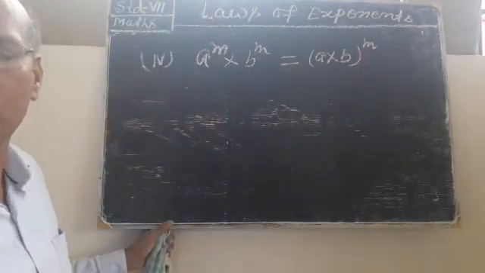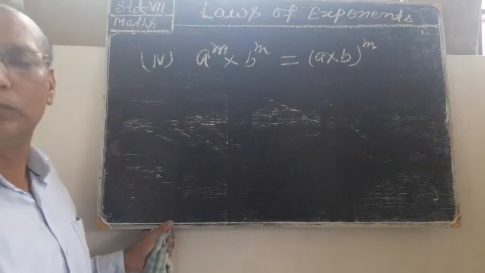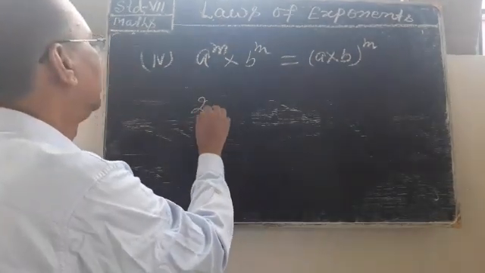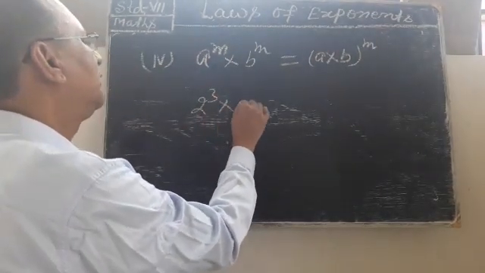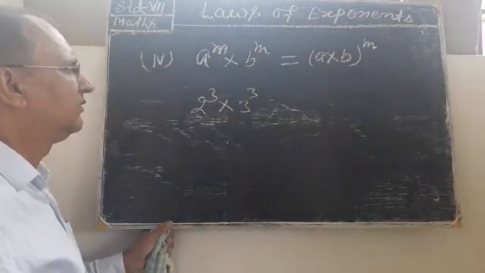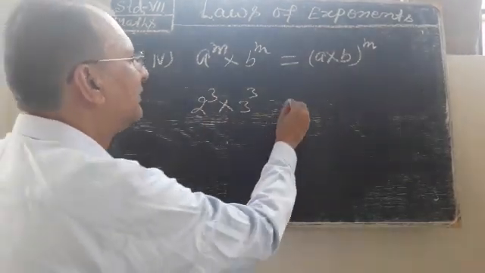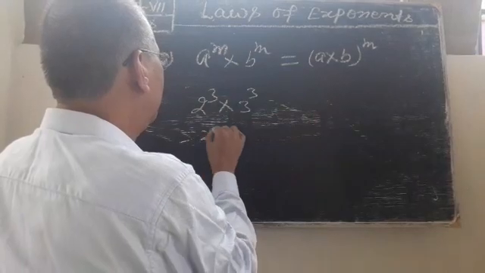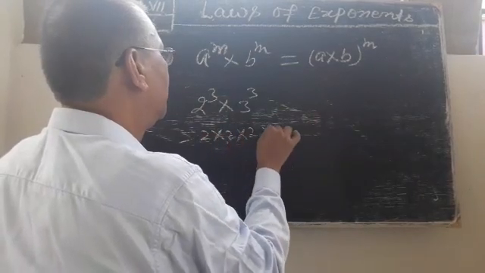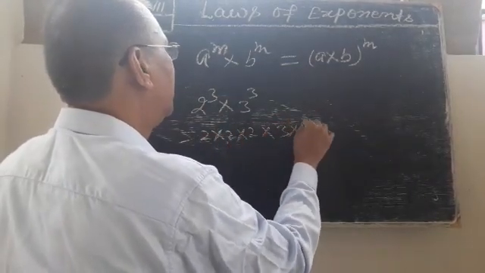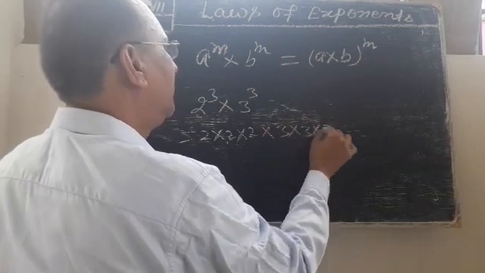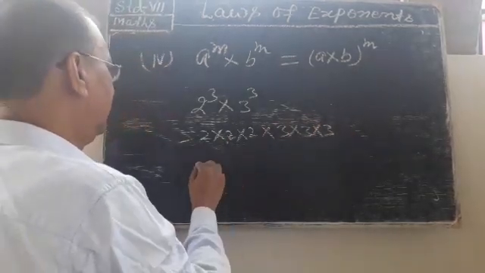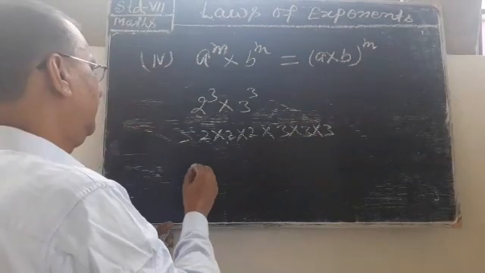You may see 2 power 3 into 3 power 3. Bases are different but powers are same. 2 into 2 into 2 into 3 into 3 into 3. In this way we will get a value.